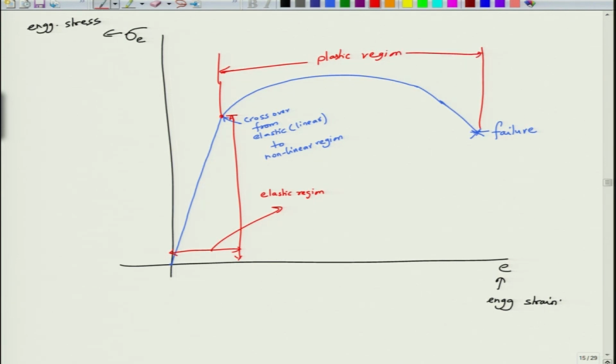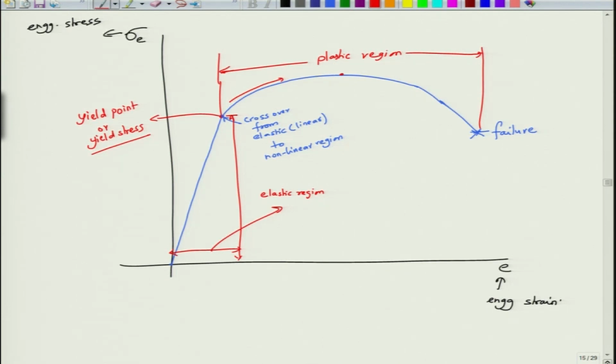The place where there is a crossover, this stress is called the yield point or yield stress. Basically, this is the place where the material has started deforming permanently, or has yielded, and then it follows a behavior which is nonlinear in nature.